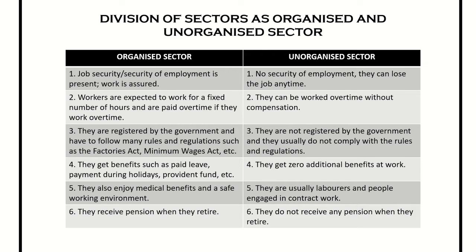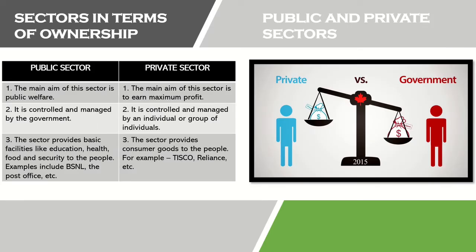So after understanding this, moving on to the next topic, sectors in terms of ownership. Here you can see that I have divided into two parts, public sector and private sector. The main aim of the public sector is public welfare, but the main aim of the private sector is to earn maximum profit.